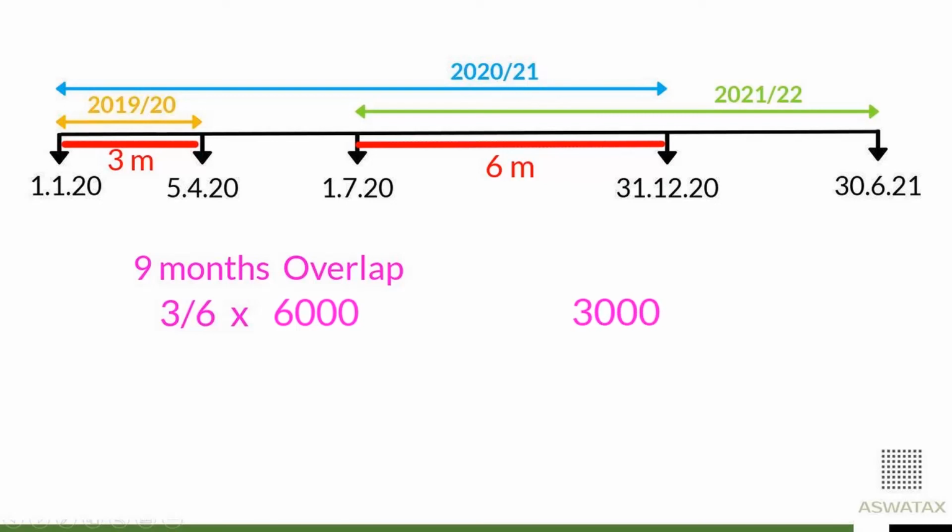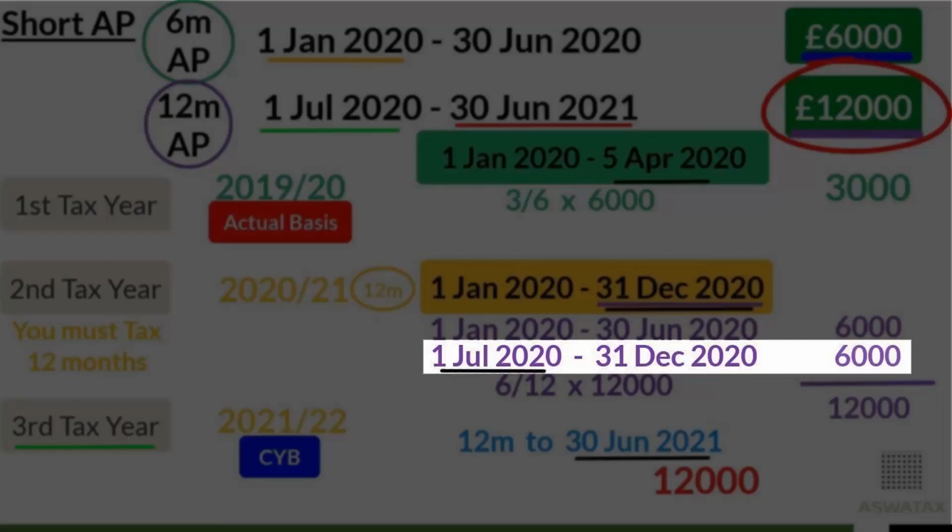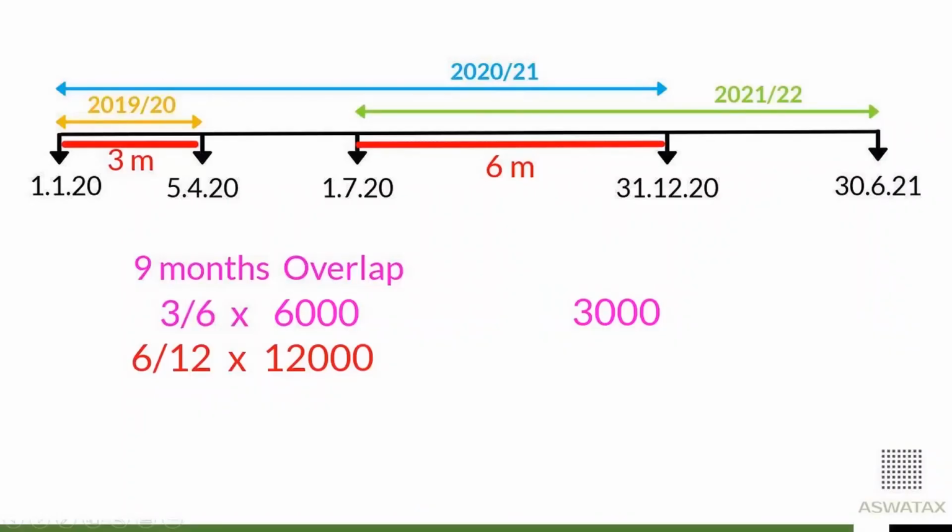And then we have the 6 months here, which was part of the 12-month accounting period. Let's just confirm that. So 1st of July to 31st December. This is what's been taxed twice. That gives you 6,000. 9,000 overlap profits.